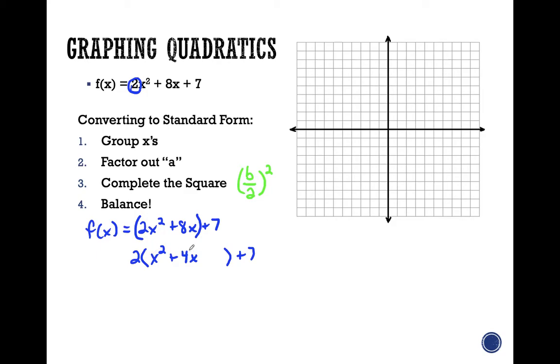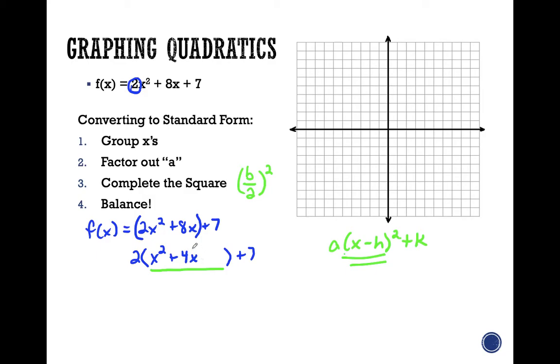What we are trying to do is create a perfect square trinomial, a trinomial that factors into two binomials that are the exact same. Because my end goal to get it into standard form is to have a times the quantity x minus h squared plus k. In order for me to get this part of the vertex form, I can only create it if I have a perfect square trinomial over here.